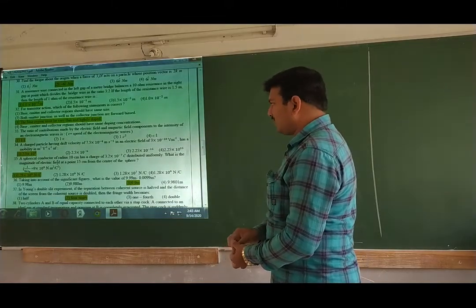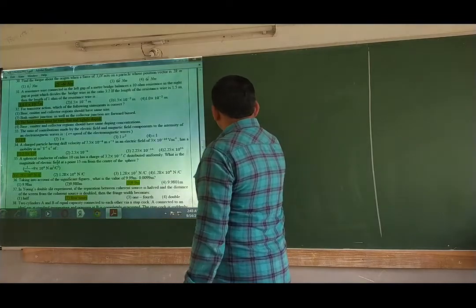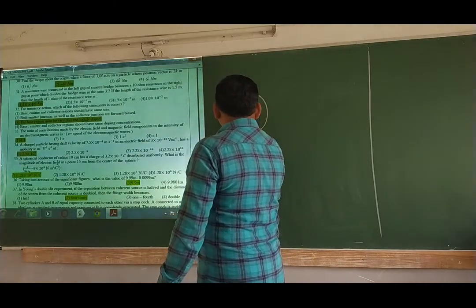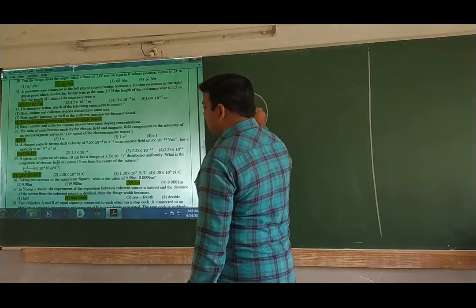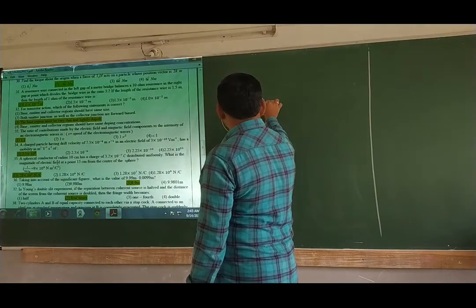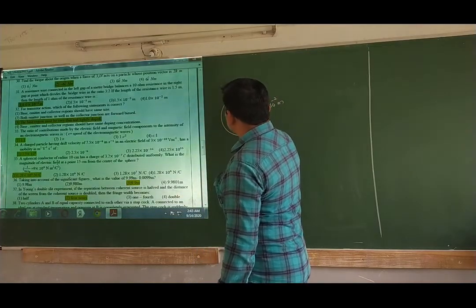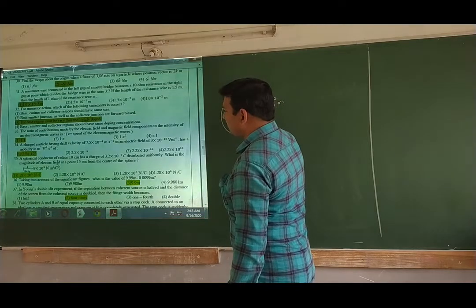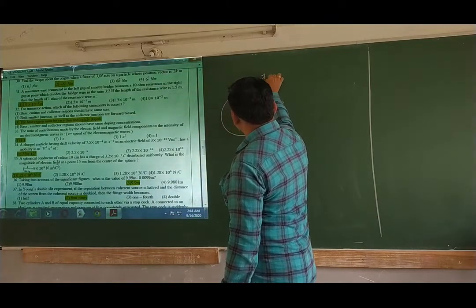Radius given as 10, charge given as 3.2 × 10^-7. There is a sphere whose radius is 10 centimeter, that is 10 × 10^-2 meter. Over this the charge is distributed. How much charge? 3.2 × 10^-7 coulomb is distributed.